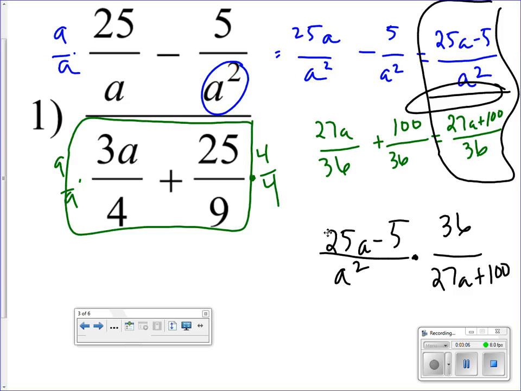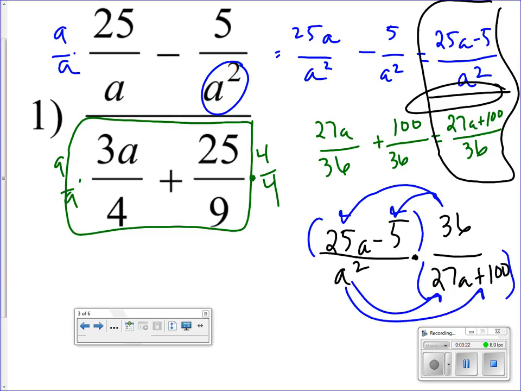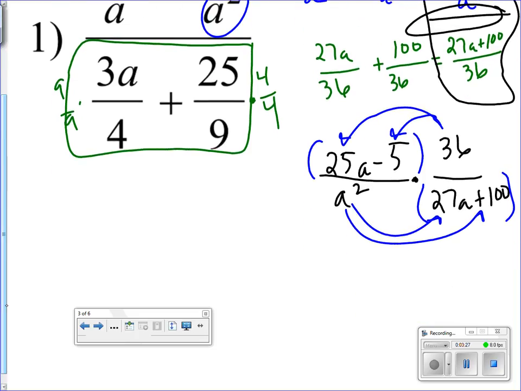And then now to multiply these, we're going to multiply the numerators and the denominators. I don't see any factors that will simplify, so we are going to have to go ahead and multiply these. Remember to distribute the monomial, the single term, to the binomial, the two terms. Okay, so 36 times 25.